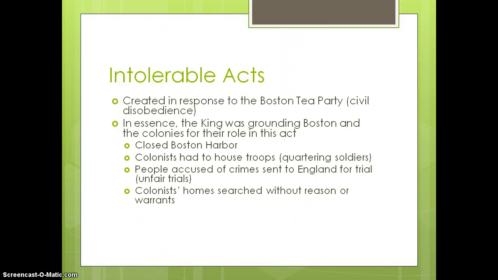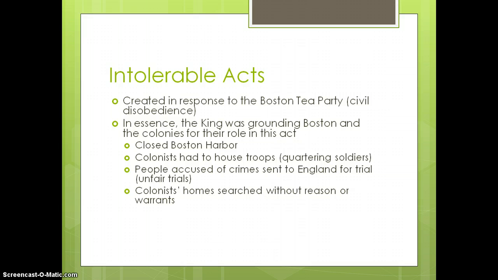The colonists' homes were searched without reason or warrants, and if you have been paying attention, last time when we talked about Constitution Week, and we talked about grievances in the Declaration of Independence, or problems that the colonists had with the King of England, these sound familiar, and these are also ways they were addressed in the Constitution.